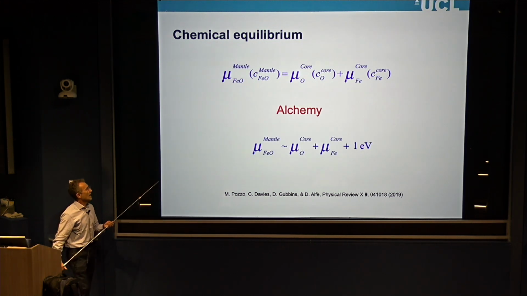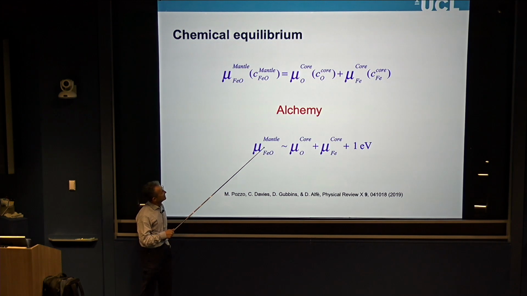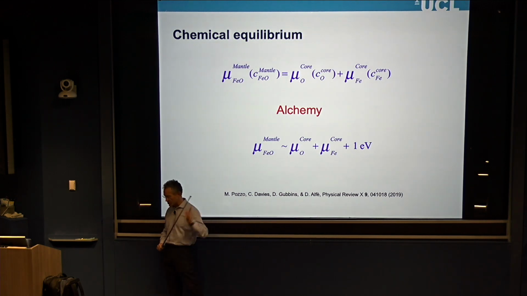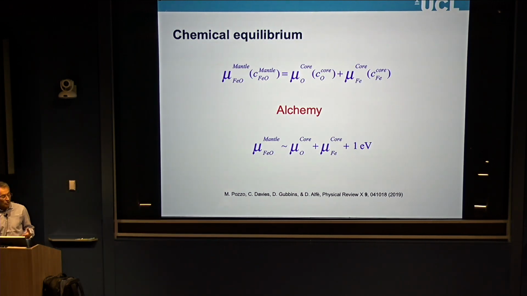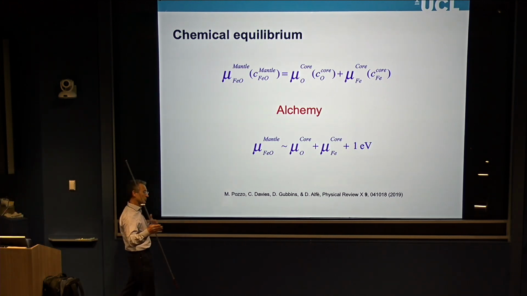So you apply your alchemy techniques, and what you find is that, in fact, the chemical potential of iron oxide in the mantle is significantly higher. 1 electron volt is a high energy on this scale in the mantle compared to the core. So this drives iron oxide from the mantle to the core.